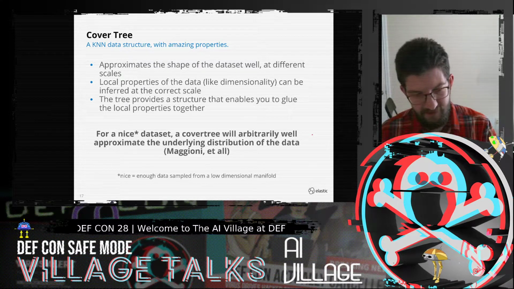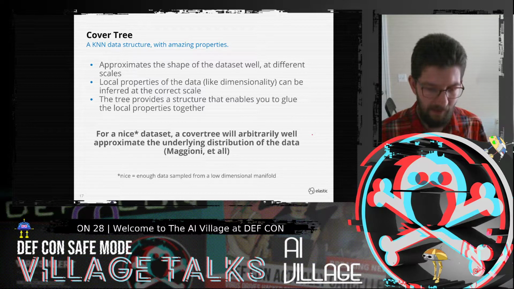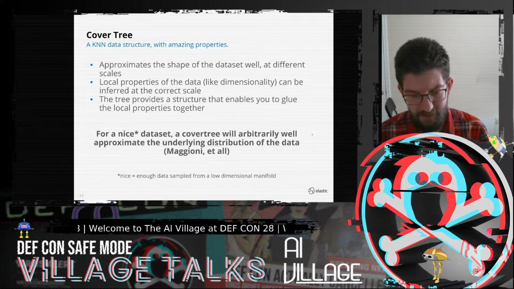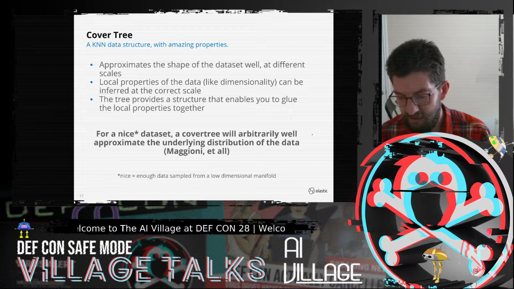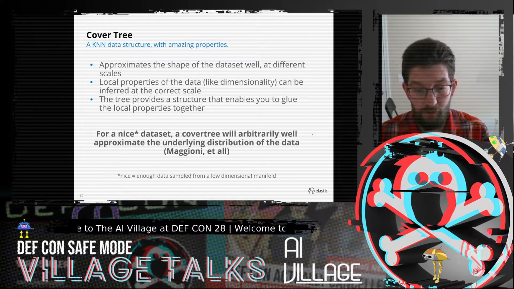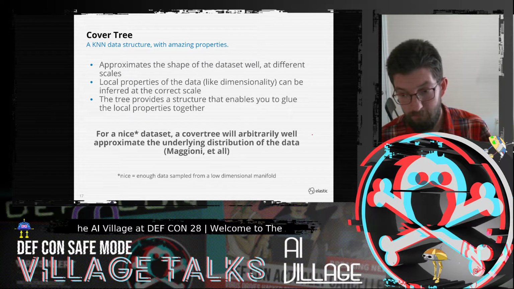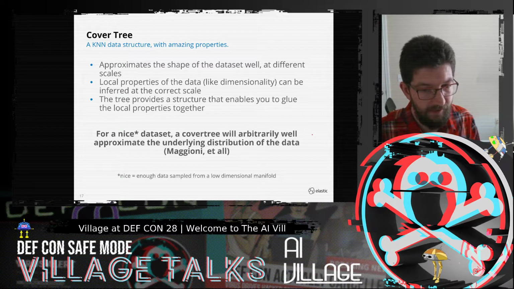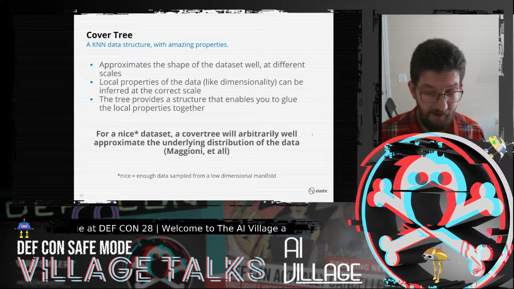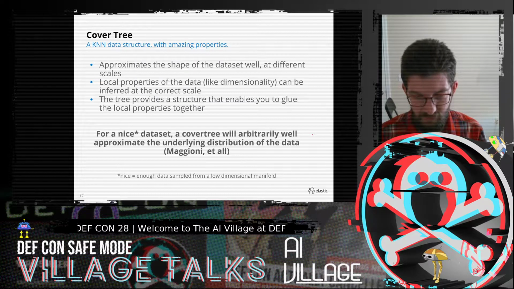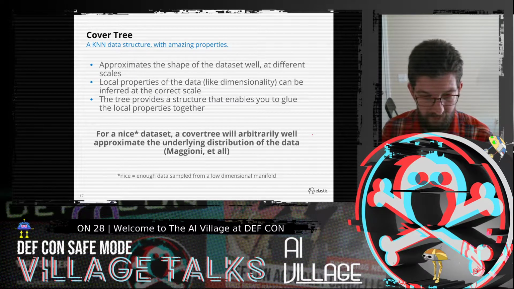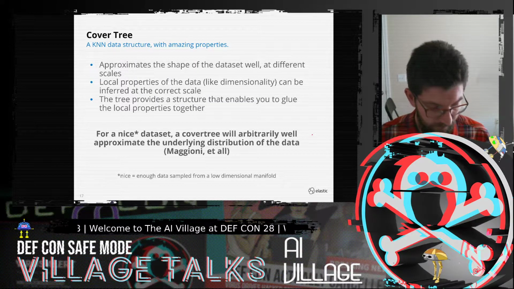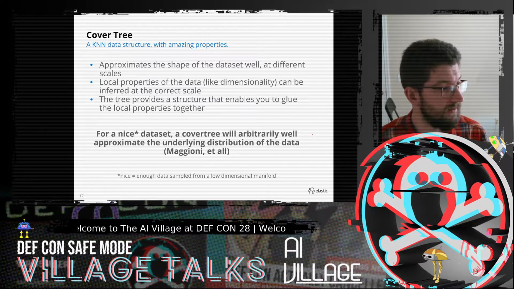What nice means is we have to sample enough data from an intrinsically low-dimensional manifold in a high-dimensional space. That assumption is called the manifold assumption, and a lot of stuff satisfies that. There's a lot of stuff in security that doesn't, but it seems to satisfy enough of this that the following ideas work.